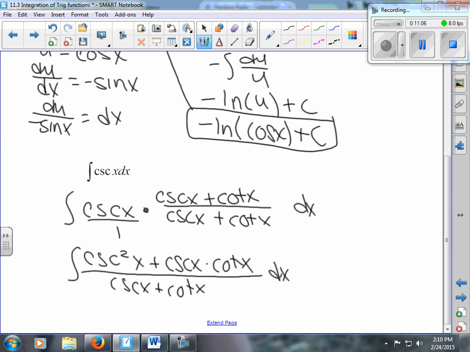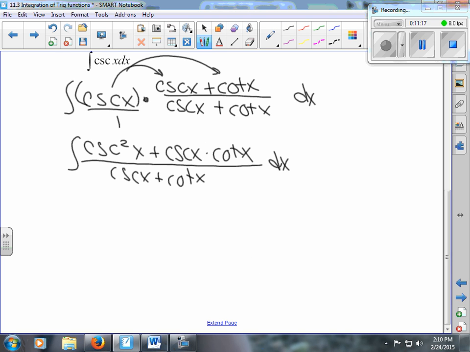So all I did was distribute this cosecant of x to the numerator of the 1 that I multiplied by. And then the denominator, when I multiply 1 by cosecant x plus cotangent of x, is just cosecant plus cotangent. Okay, so now we're all primed to set up a u substitution. I'm going to let u be this whole denominator.